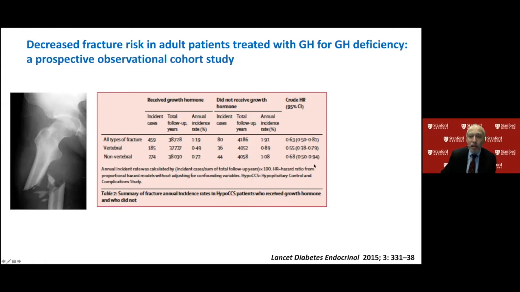So continuing to treat growth hormone deficiency in childhood onset patients or in adult onset growth hormone deficiency can improve bone mineral density and decrease the risk of fracture.